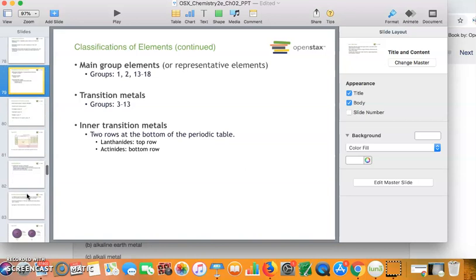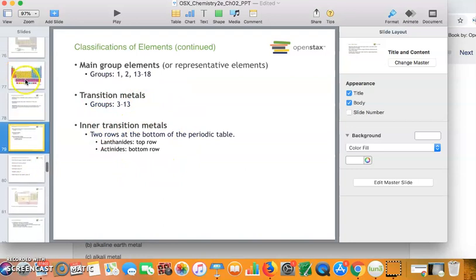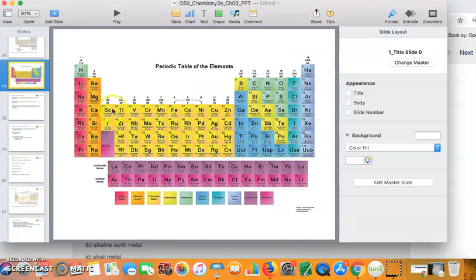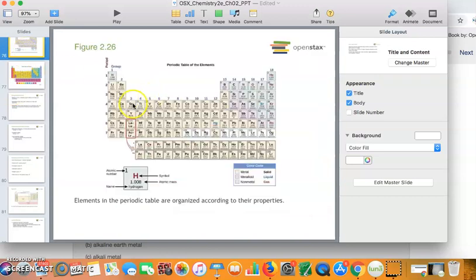So we have 18 different groups. The main group elements are the representative elements, which I pointed out earlier, groups 1 and 2 and 13 through 18. The transition metals are groups 3 through 13, so let me bring that back here. 3 here through, let me see here, 3 through 13.